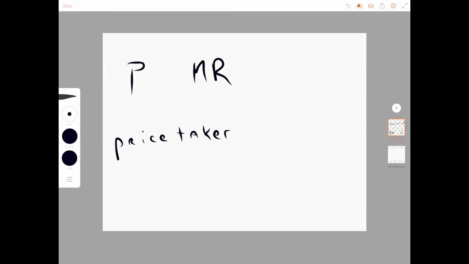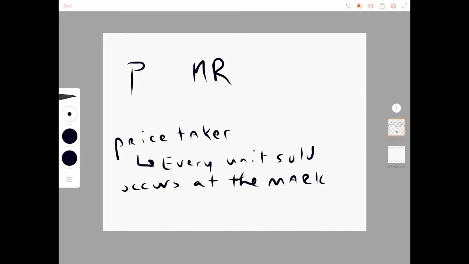Because they have to take the market price, that means that every unit they sell, every sale they make, occurs at the market price. If they want to sell 100 units, they sell it at the market price. If they want to sell 101 units, they sell it at the market price. If they want to sell 1,000 units, they're going to sell it at the market price.